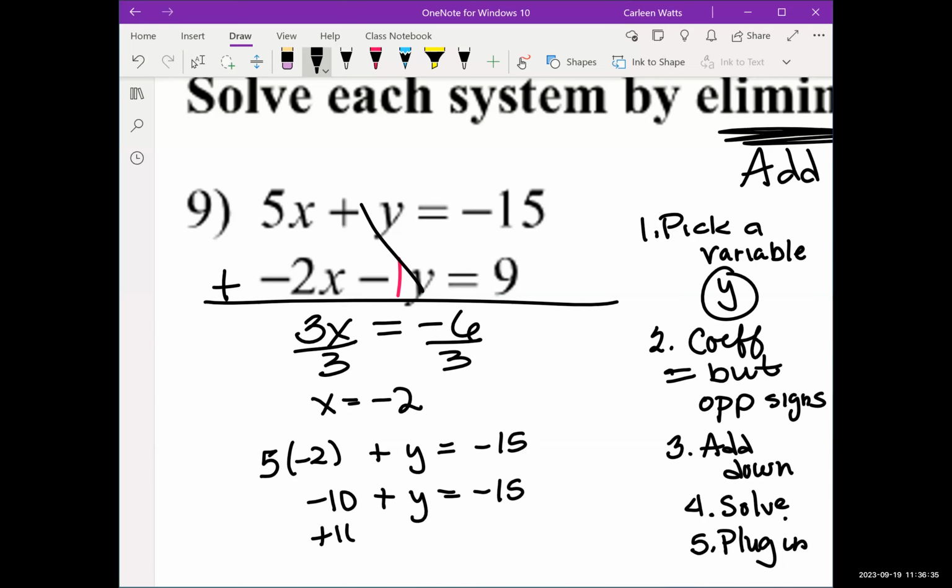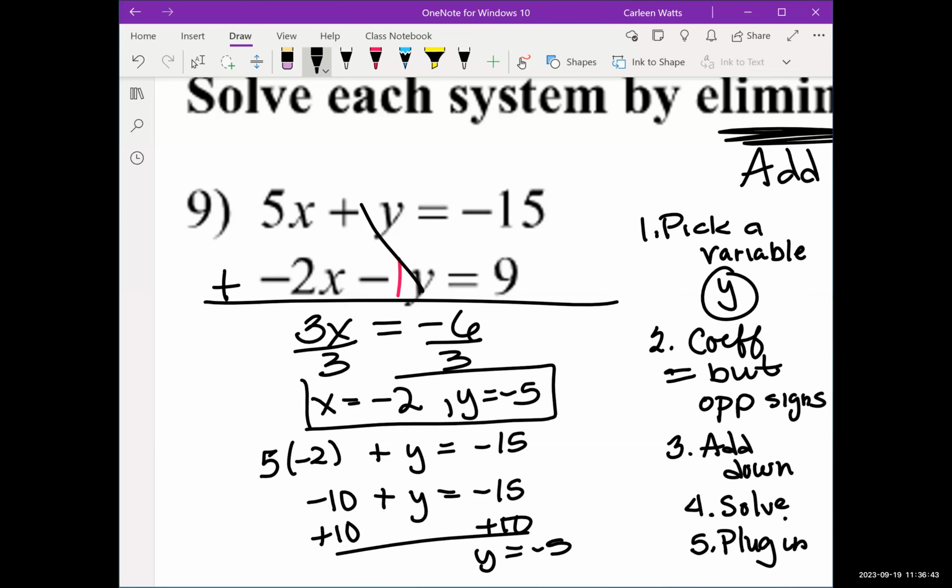Add 10, y equals -5. So you could either list them like that or as an ordered pair, because that is the point where the two lines cross. That ordered pair works for both lines.